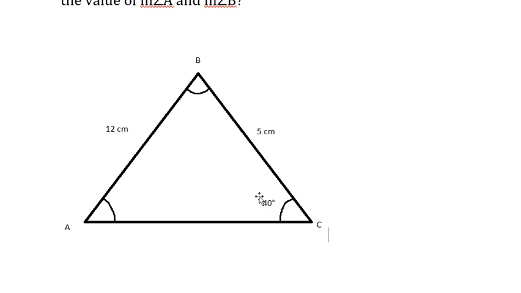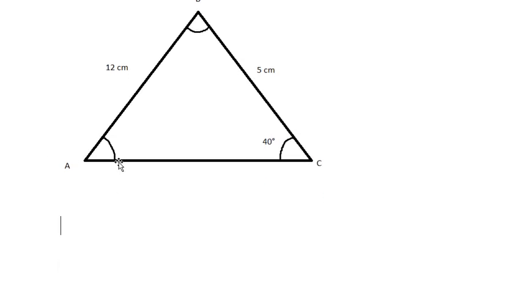We can see that this angle is opposite to the side of 12 centimeters, and 5 centimeters is adjacent to it. So in this case, the best option we can take to find the missing angles is to use the law of sines, right? The law of sines.